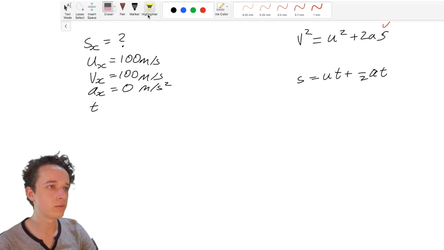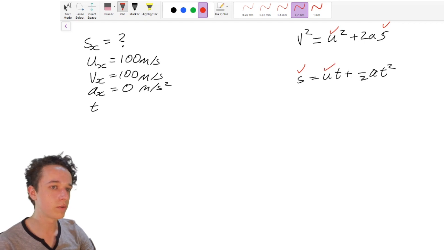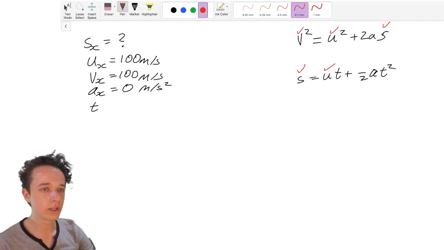Our third equation has an s, so that's good. We have a Vx and an ax. This one doesn't have a v, so let's rub that out.